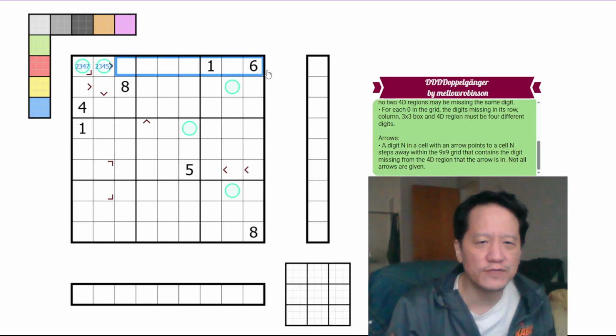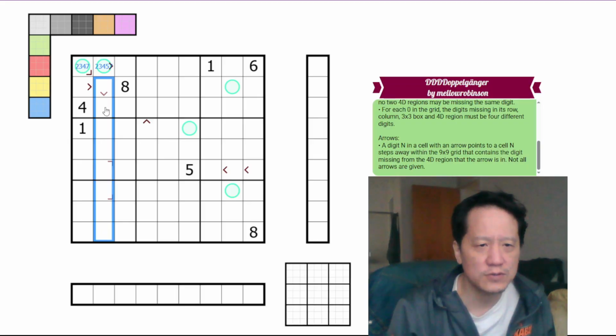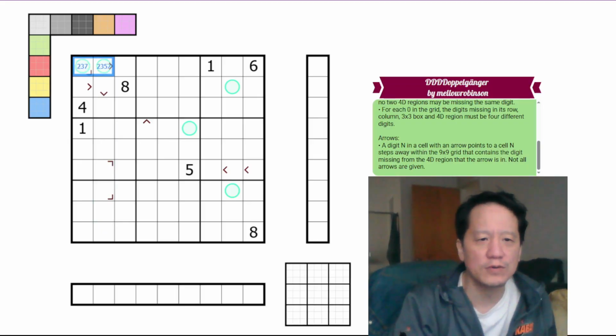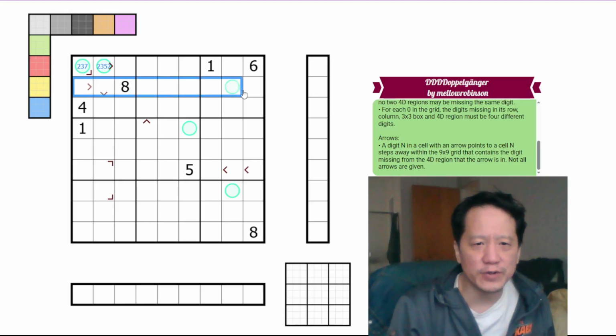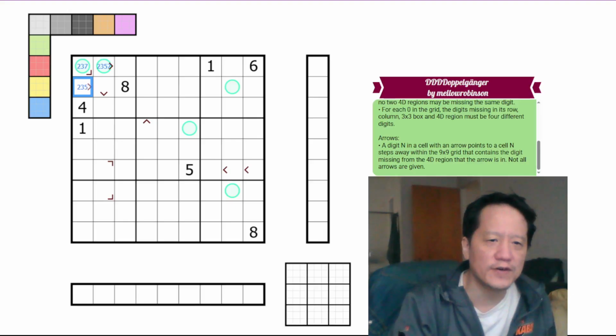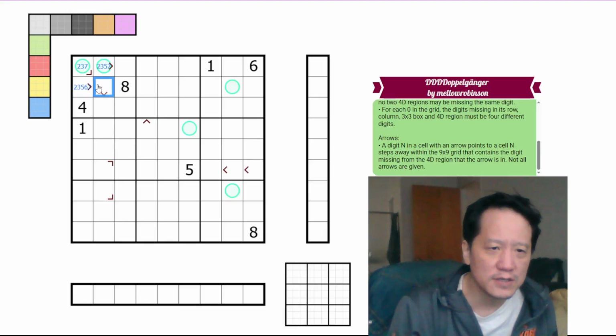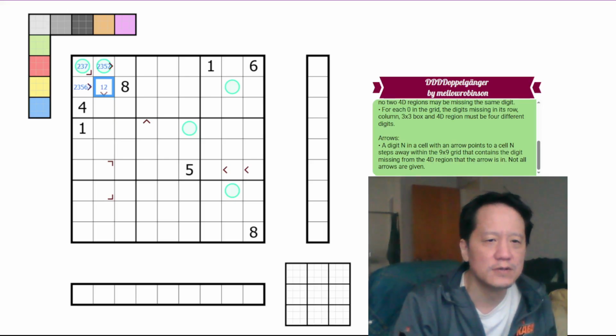This could be 2, 3, 4, 5, or 7. This is up to 7 also. Oh, these can't be 4. That's interesting too, because of the 4 in the box. This is 1 through 8 also, but it can't be 8, 1, or 4. So 2, 3, 5, 6, or 7. Same with this, but this is 1 through 7, but no 4.